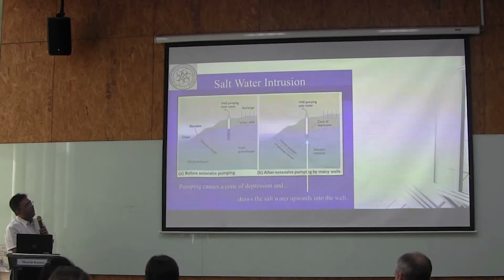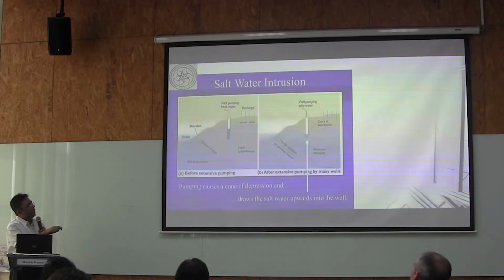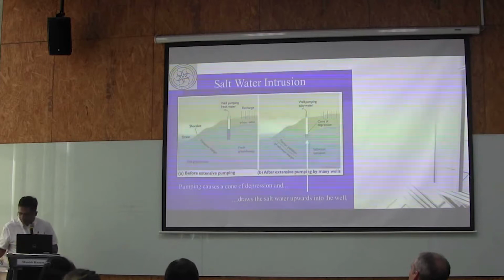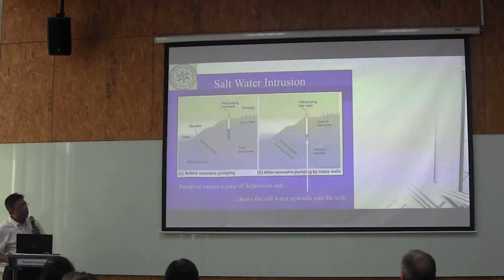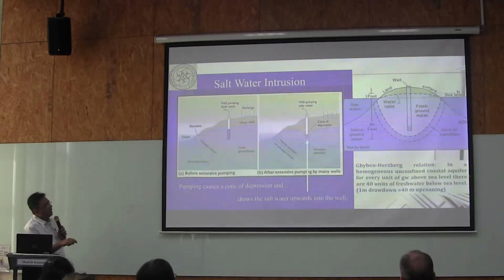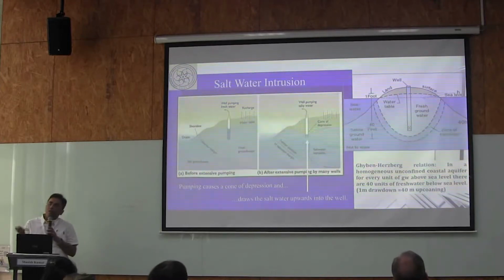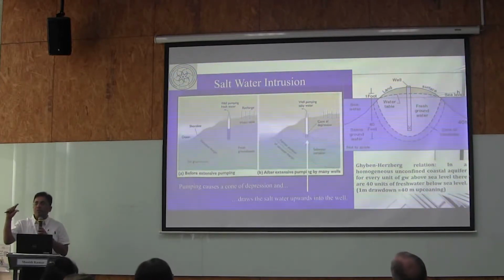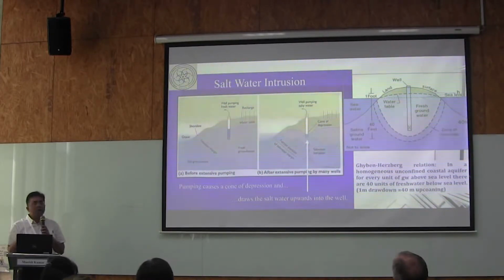And if there is an upwelling or a withdrawal, then something which was here will be in this. There is a rule, stated by a professor, that if you withdraw 1 foot or 1 meter of the fresh water, the salt water will intrude or upwelling will happen 40 times that.